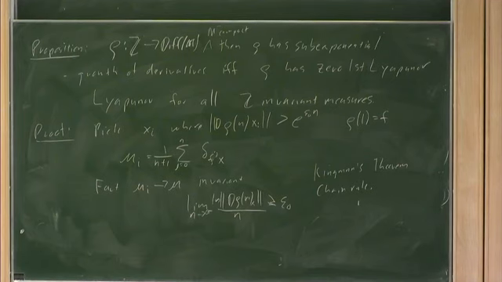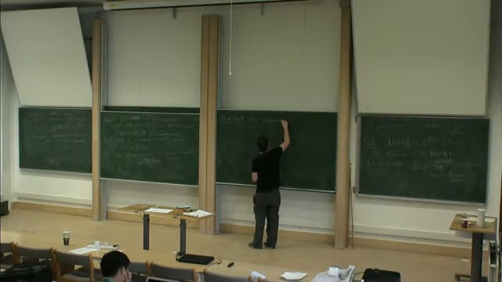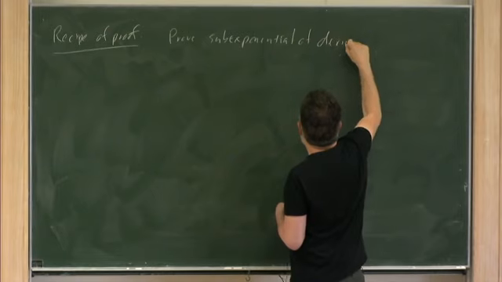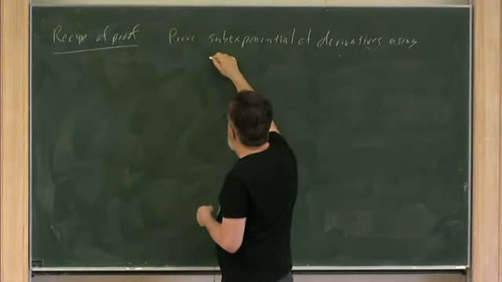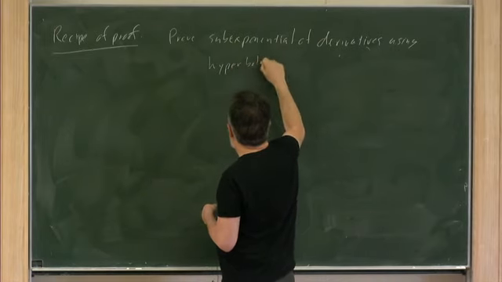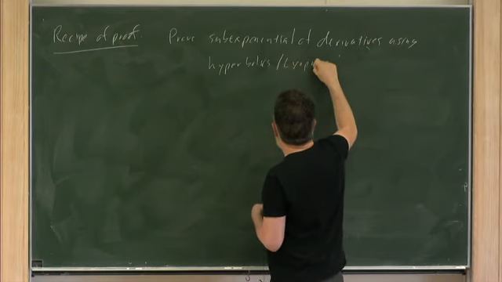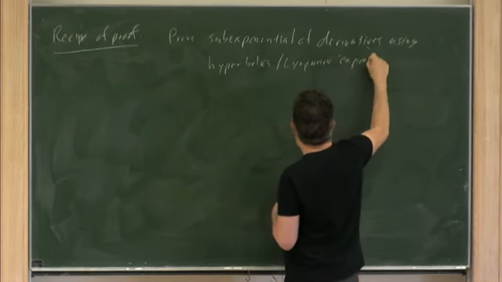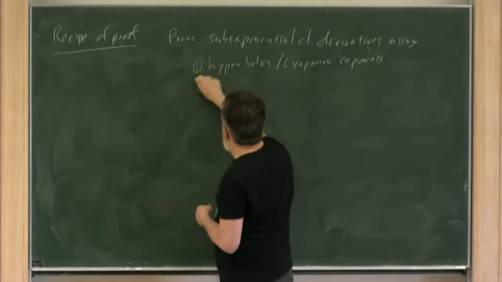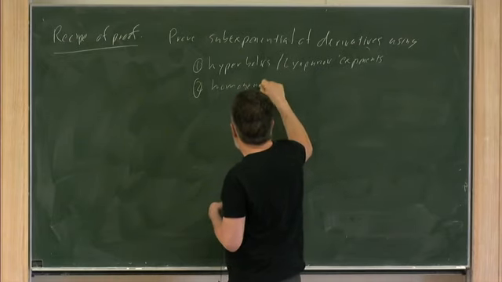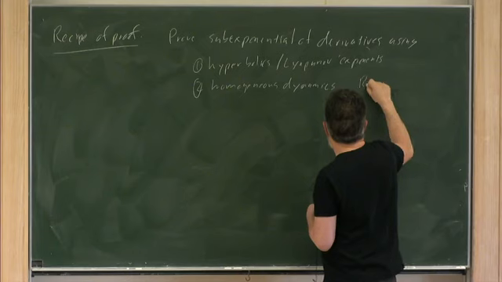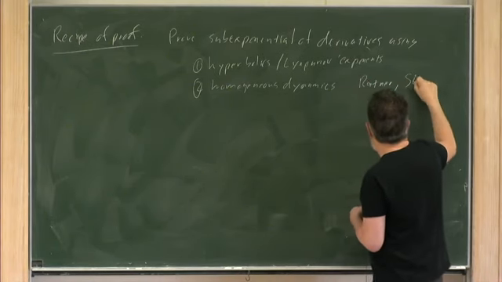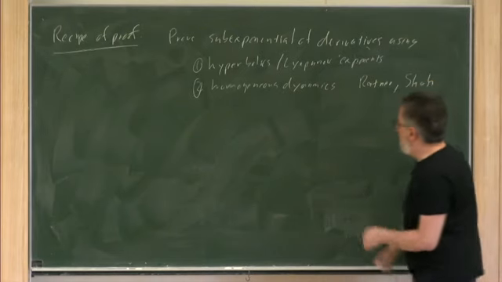So first, what do you want to do? First, you prove subexponential growth of derivatives using several ingredients. First is some hyperbolic dynamics and just the theory of Lyapunov exponents. Second is homogeneous dynamics, and some results of Ratner on unipotent flows and some consequences of those that are theorems of Shah.